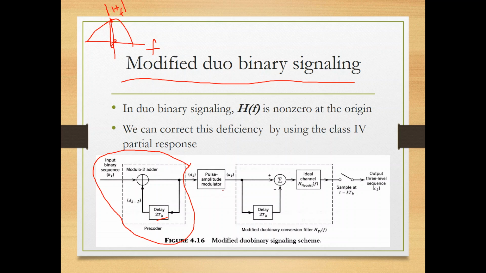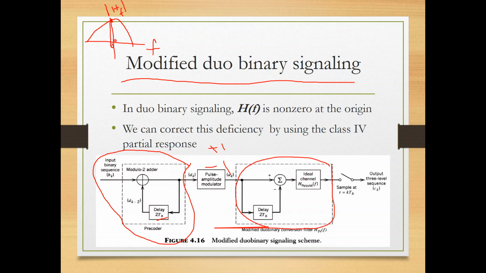After that, you have a pulse amplitude modulator that gives +1, -1 to the bits. And then here is the dual binary, the new thing we are introducing. We call it the modified dual binary conversion filter. This is basically what makes your response 0 in the frequency domain at frequency equals 0. It takes your pulse amplitude modulated sequence, a_k, delays it by 2T_b, and then sums it with the current one.